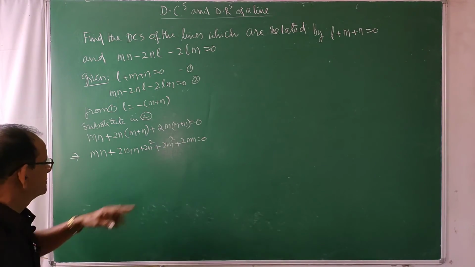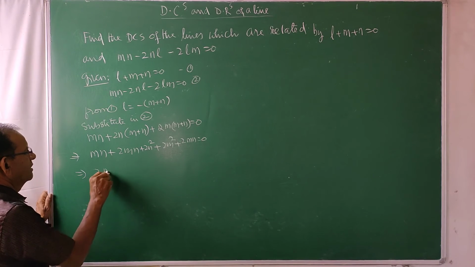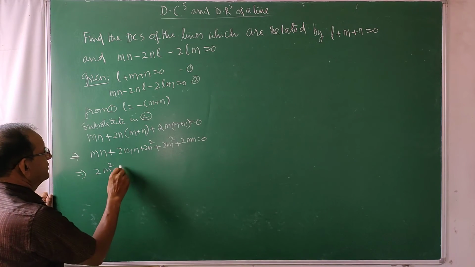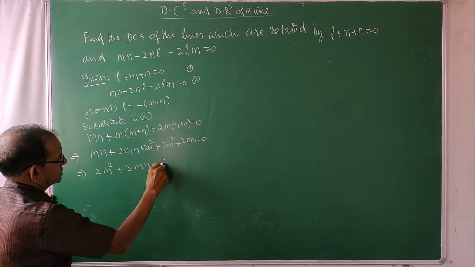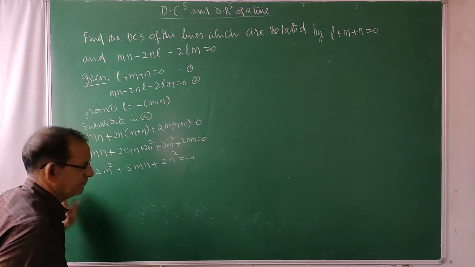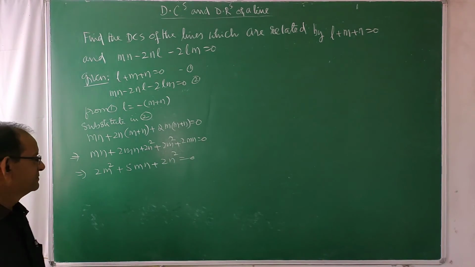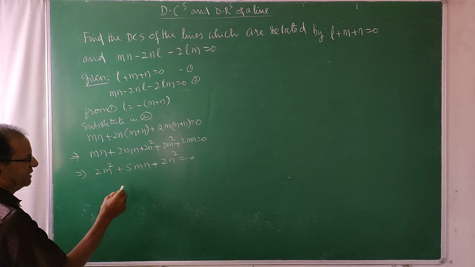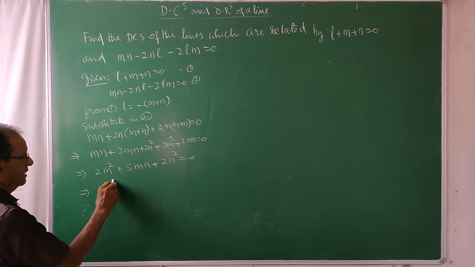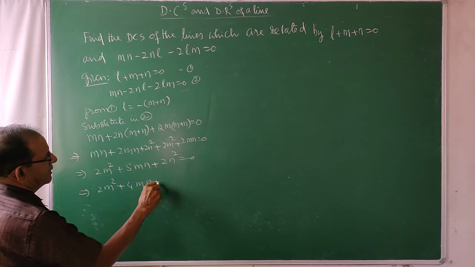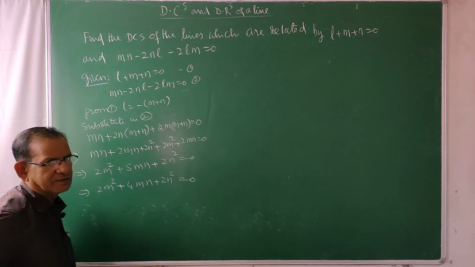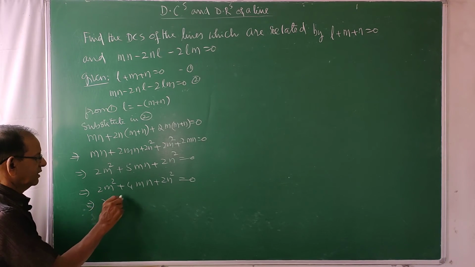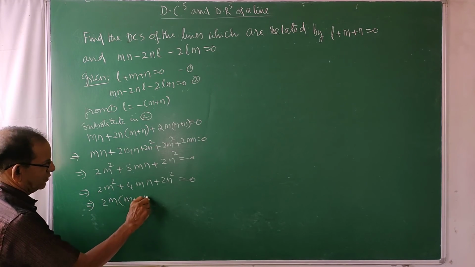Now this is 2m square plus mn plus 2mn, 3mn plus 2mn, 5mn plus 2n square equal to 0. Let us factorize this.